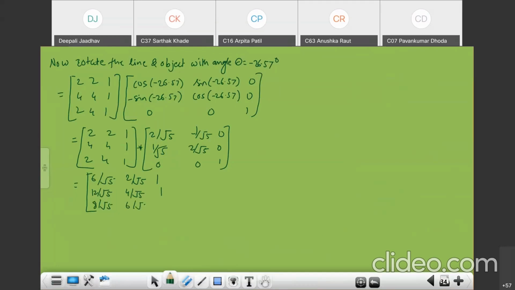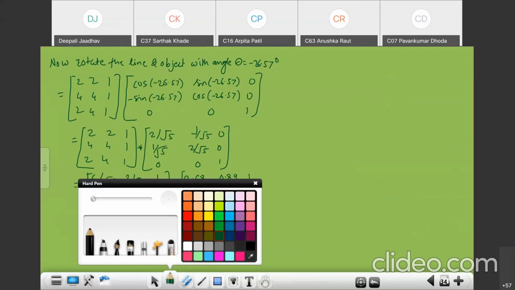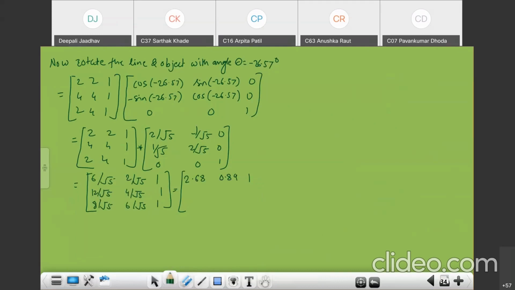Now we want to draw the triangle to see the result, and for that I convert it into points so that we can draw it: 2.68, 0.89, 1, 5.36, 1.78, 1, 3.57, 2.68, 1.